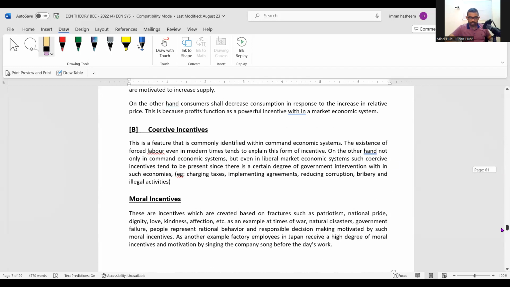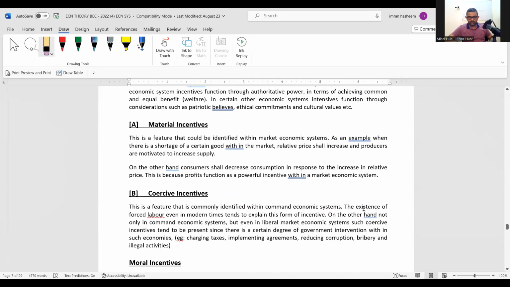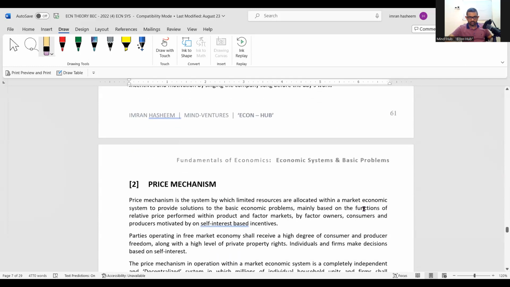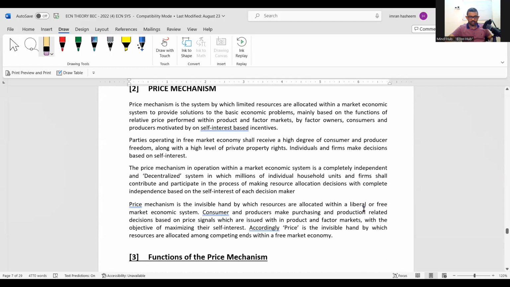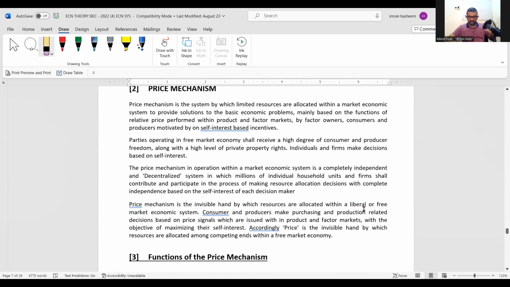I have given a good detailed note, which I think I showed you last week, on incentives. Read page 61. The detailed note on price mechanism is on page 62. What I have in the main part of the study material is a summary, so don't summarize the summary.